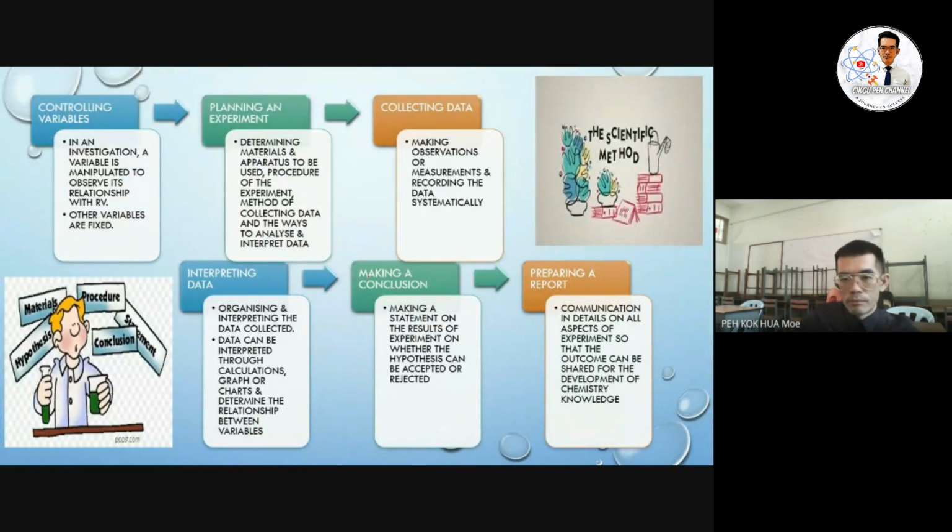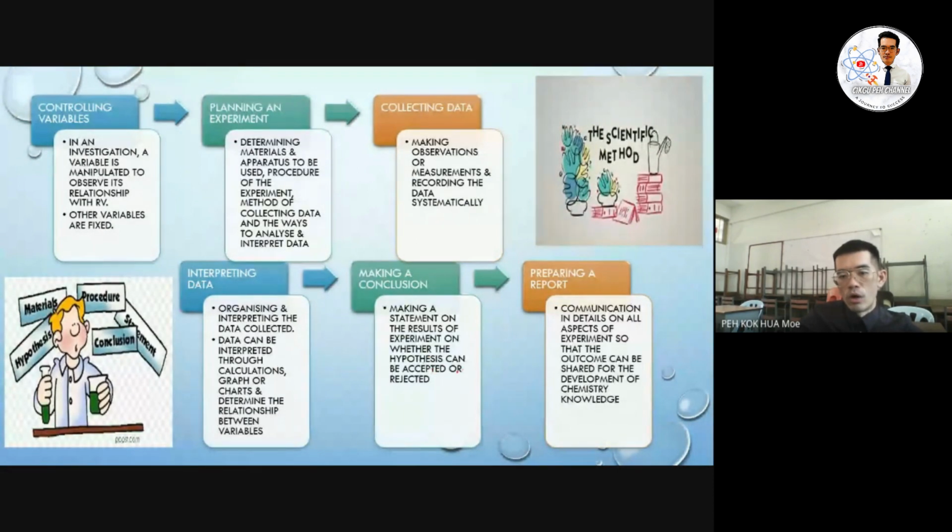Okay, making a conclusion, making a statement on the result of the experiment on whether the hypothesis can be accepted or rejected. So as I mentioned just now, before we conduct an experiment, we have to state our hypothesis, and we need to prove whether our hypothesis is correct or wrong. If let's say we are successful and tested our hypothesis correctly, then the conclusion will be based on the hypothesis and will be accepted.